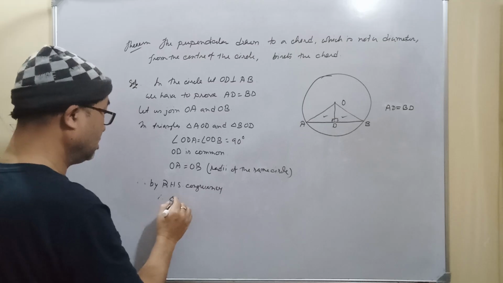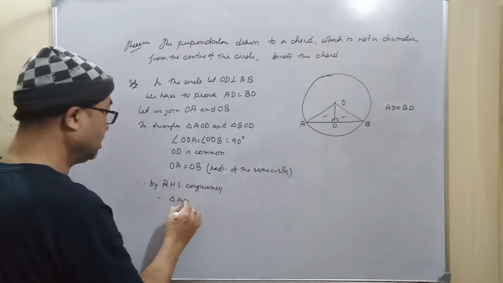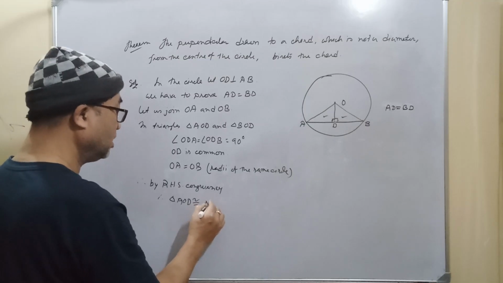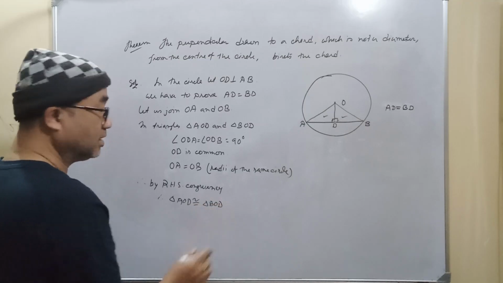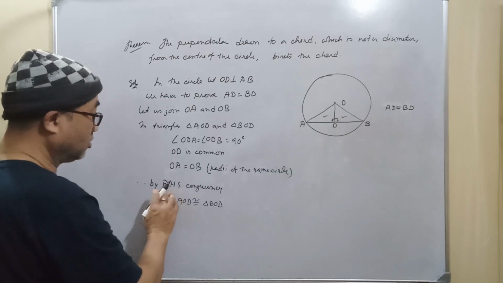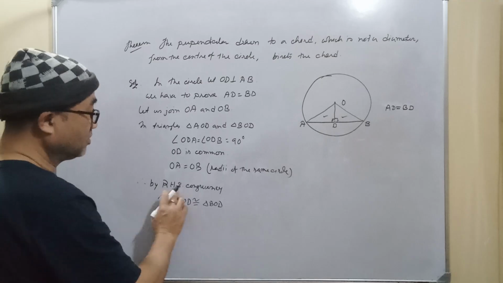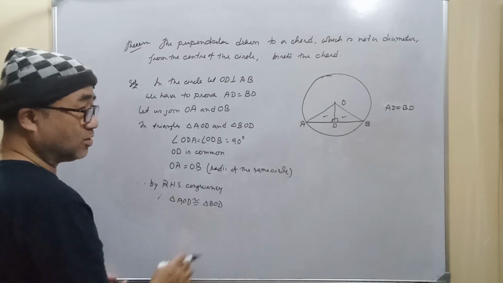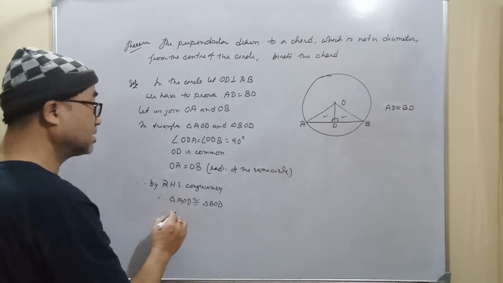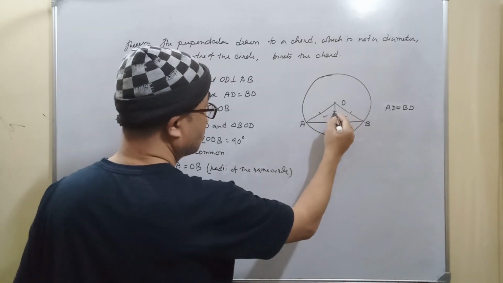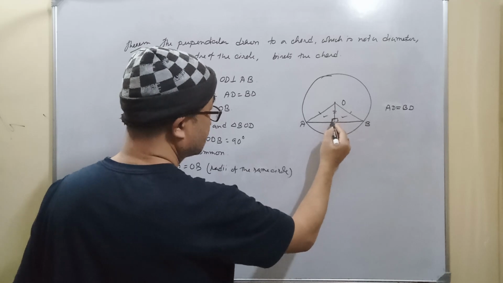So triangle AOD is congruent to triangle BOD. By this congruency, RHS, these two triangles are congruent. Hence, it follows this is equal to this one, this is common, this is right angle.